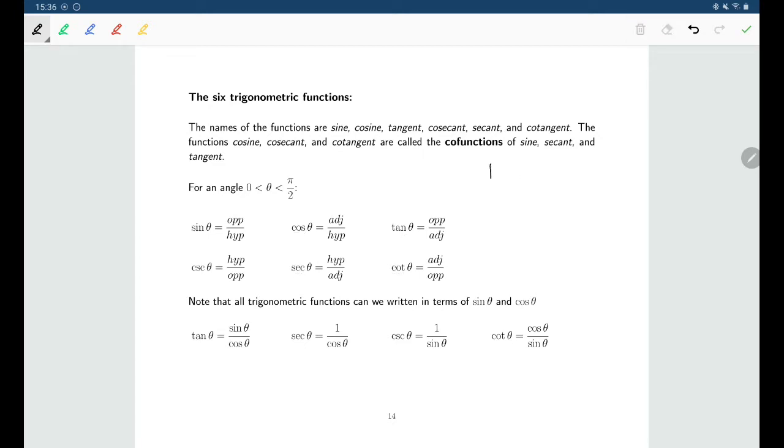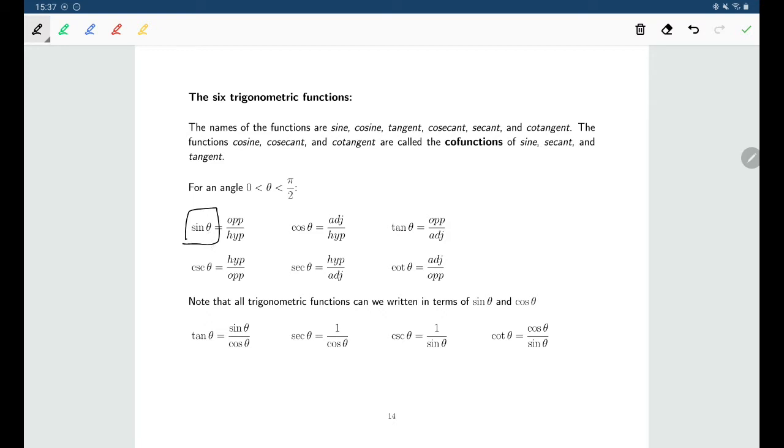Similarly to how we define things with logarithms, where I said, for something like log base 5 of x, that log base 5 was the name of the function and x was the input for the function, much in the same way here, sine is the name of the function and theta is the input for that function.